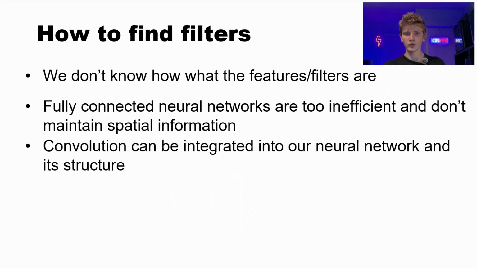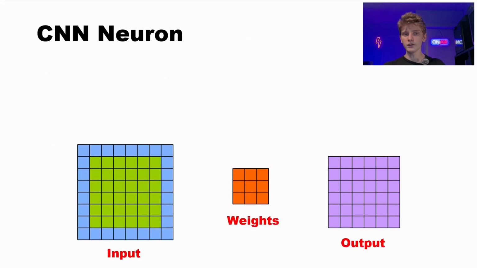So instead, of course, we're going to implement convolution into our neural networks, and that's how we get convolutional neural networks, or CNNs for short. So now let's take a look at an individual CNN neuron. If you remember, with convolution, we will have an input matrix, and of course we'll have our filter, which is also a matrix, and then we'll have our output.